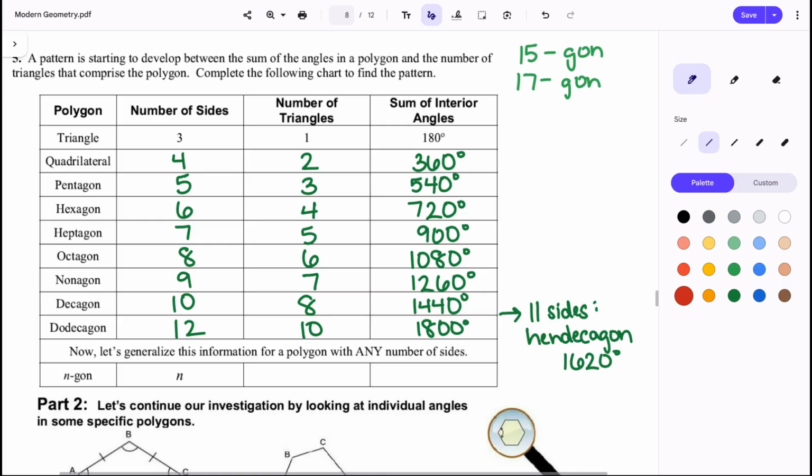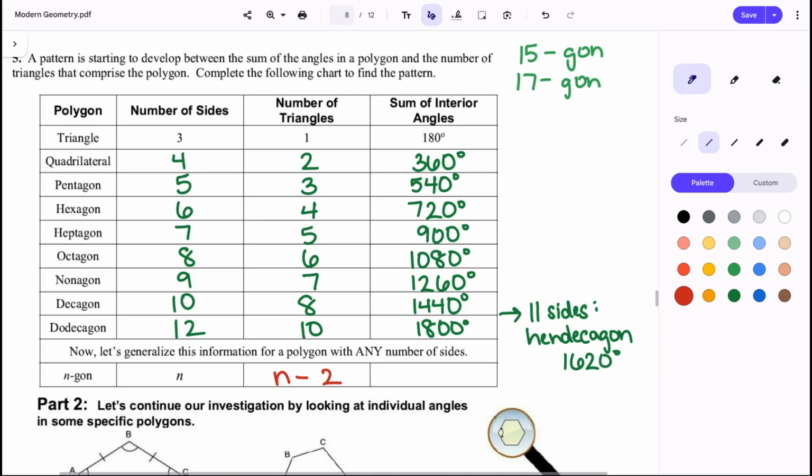So when we had the number of sides, they call that n because n could represent however many sides your shape has. How would you relate the number of sides to the number of triangles? We subtracted 2. So how would we write that down here? Good, n minus 2.